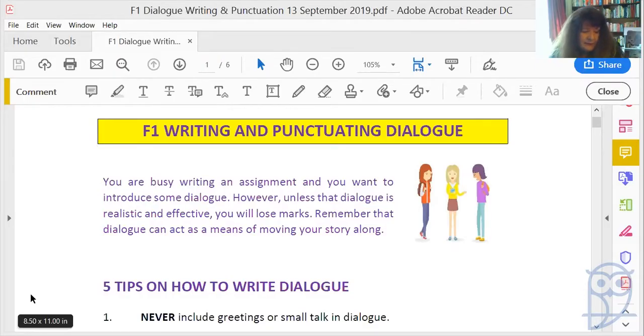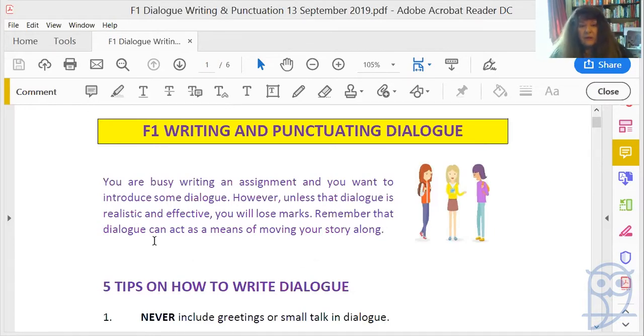Right, let's begin by looking at writing and punctuating dialogue. You are busy writing an assignment and you want to introduce some dialogue. And unless that dialogue's realistic and effective, you will lose marks because you're making blunders all the time, putting a comma where there shouldn't be one and not putting one altogether, etc. Putting punctuation outside speech marks.